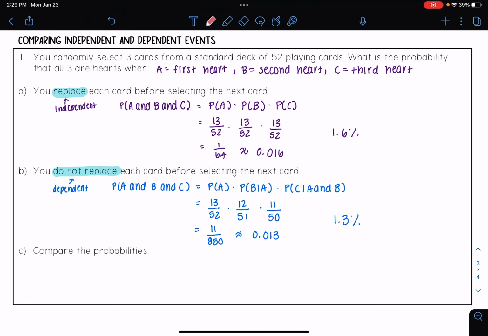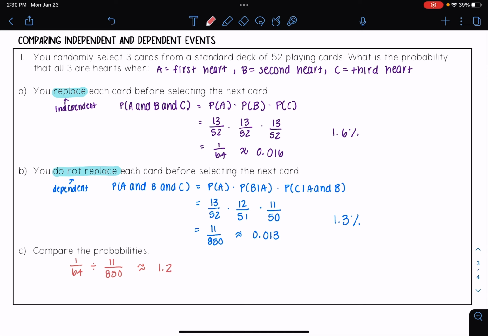So this last one, I'll compare the probabilities. I see that the probability of the first case is bigger than the probability of the second. And just to see how much bigger, I'm going to take my first probability, 1 over 64, divided by the second probability, which is 11 over 850. And when I do that, I get approximately 1.2.